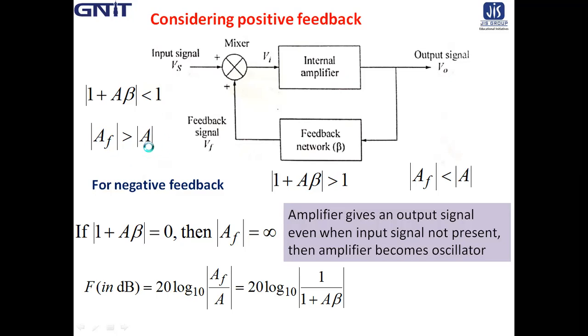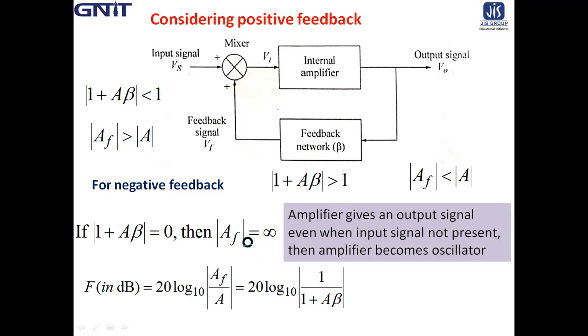But for negative feedback, where the feedback signal and the input signal Vs are out of phase with each other, therefore the magnitude of 1 plus A beta is obviously greater than 1. Hence we get magnitude of AF less than magnitude of A. Now if the magnitude of 1 plus A beta is 0, then basically the magnitude of AF is infinity.